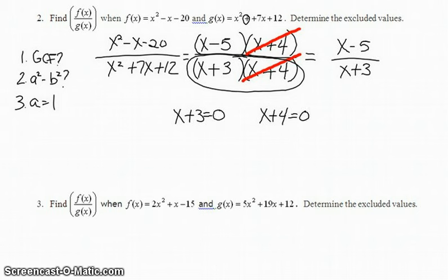Because if I get a 0 in the x plus 3, my whole denominator will be 0. So subtracting 3 from both sides, x is negative 3. Subtracting 4 from both sides, I get negative 4.